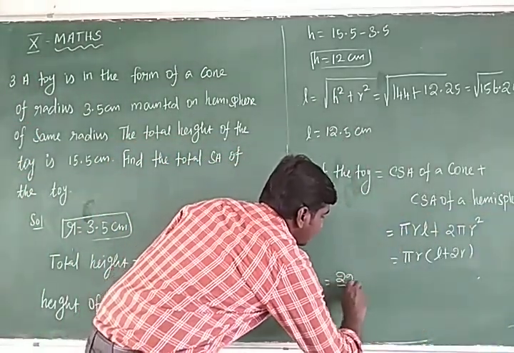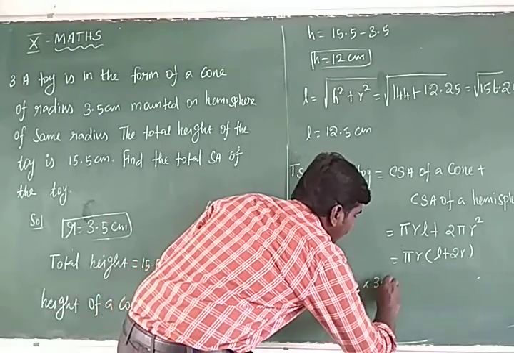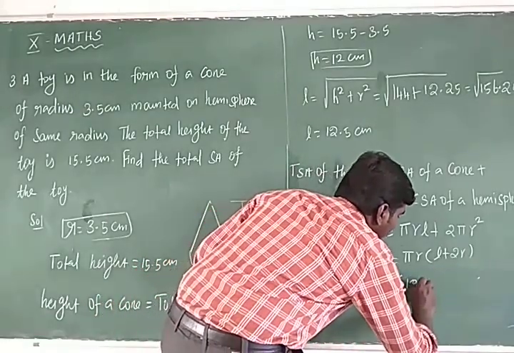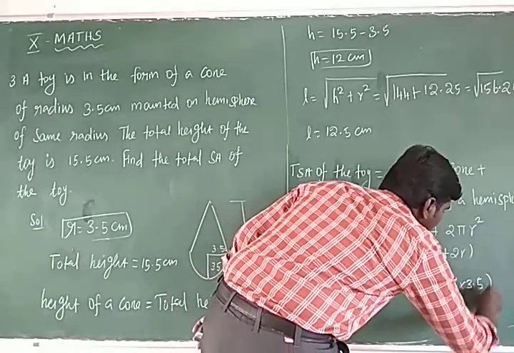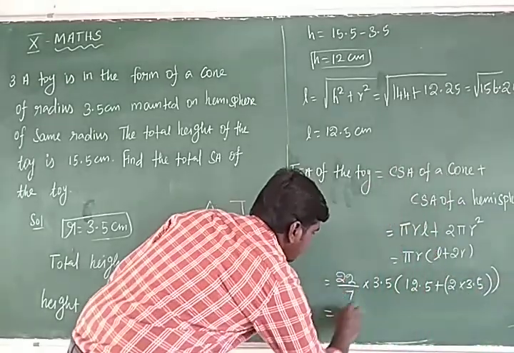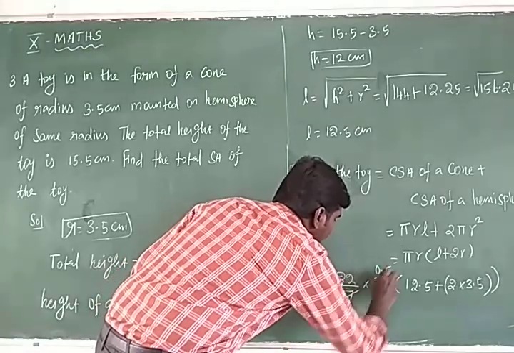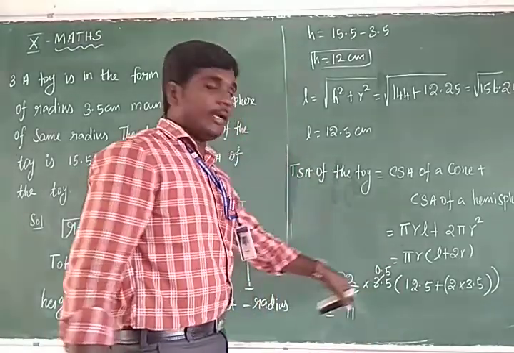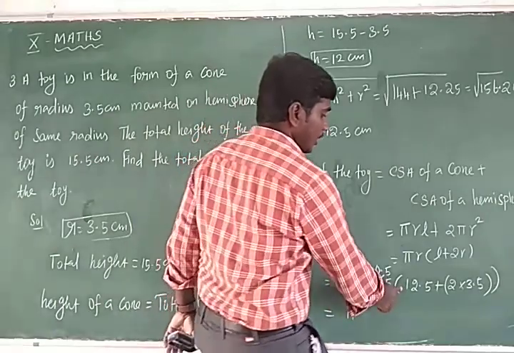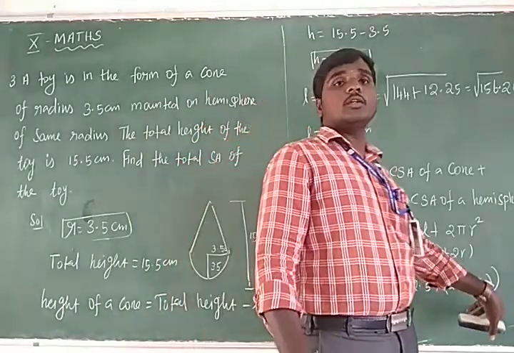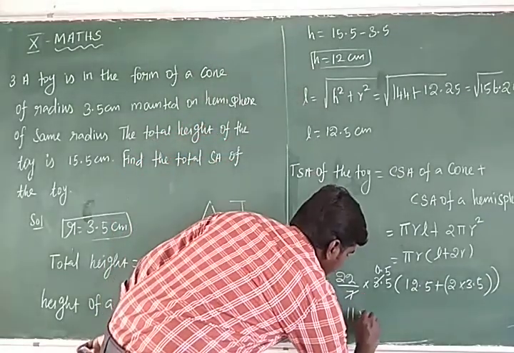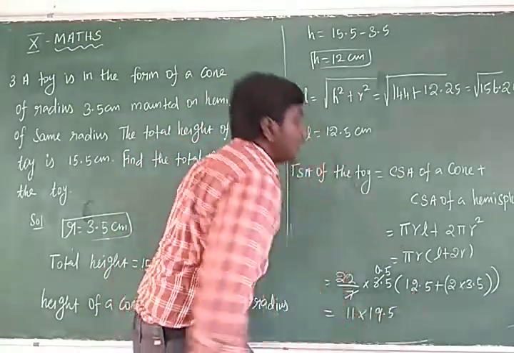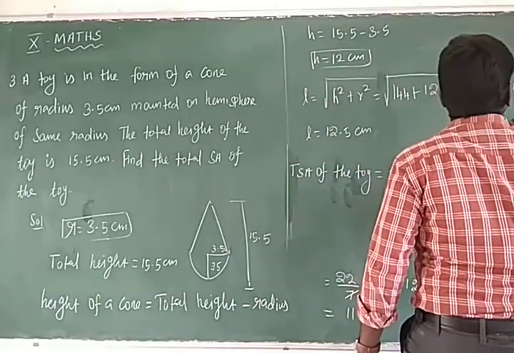Then we cancel 7 with 3.5. 22 by 7 into 3.5 gives 11. Here 2 into 3.5 is 7, and 7 plus 12.5 is 19.5. So 11 into 19.5.